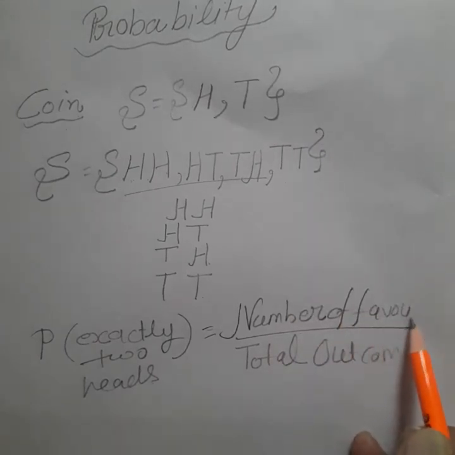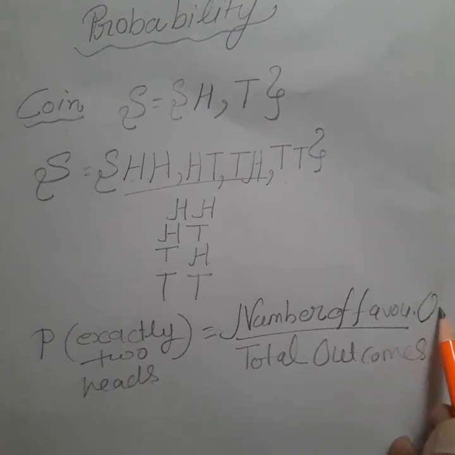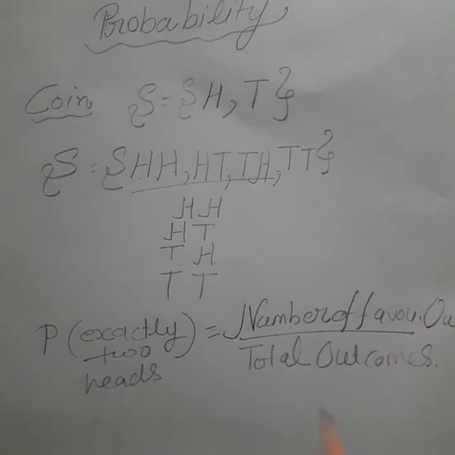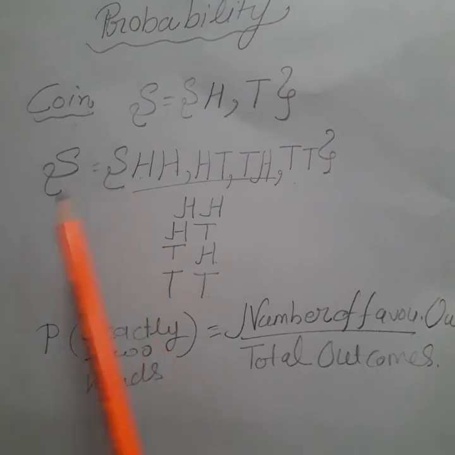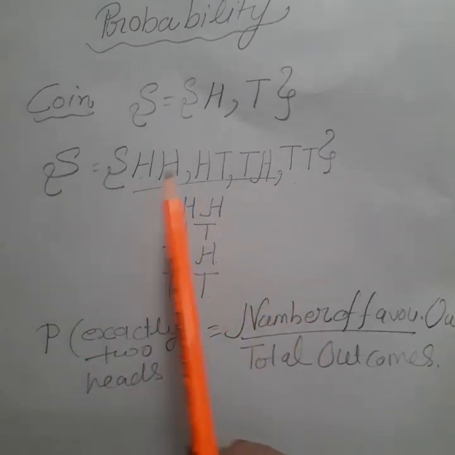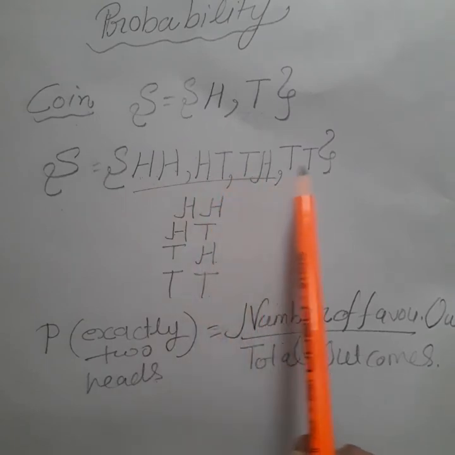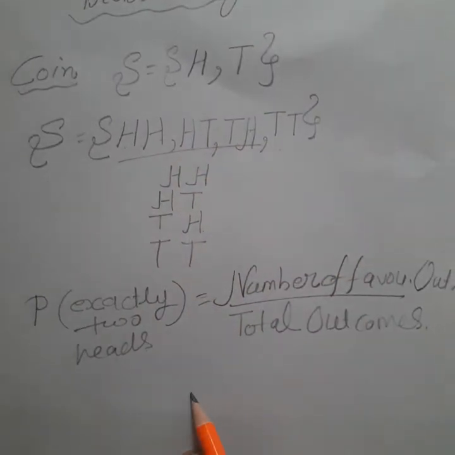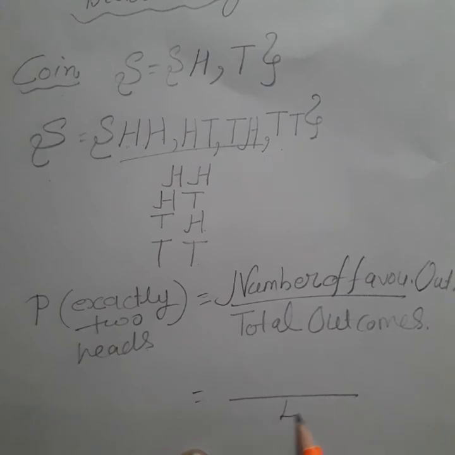In this sample space we have four outcomes: first, second, third and fourth. So you get a total of four outcomes.